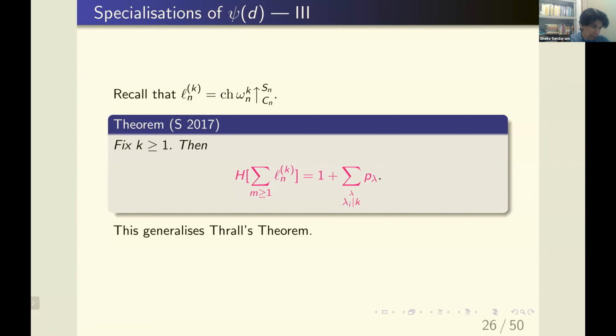And I get a theorem like this. This is 1 plus the sum of the p lambdas. The sum ranges over partitions lambda where all the parts are divisors of k. So notice if you put k equals 1, you're going to get Thrall's theorem again, right? Because the right-hand side is going to be p1 and p1 squared and p1 cubed and so on.